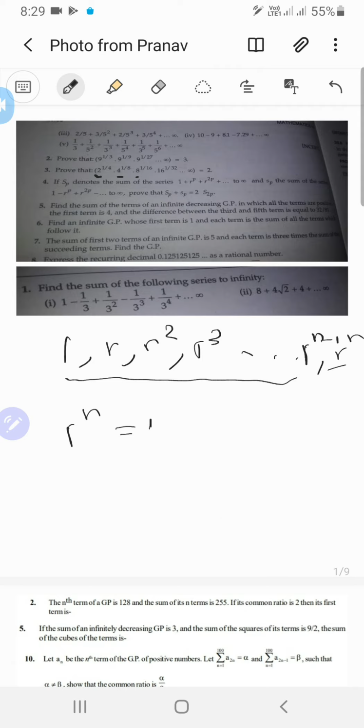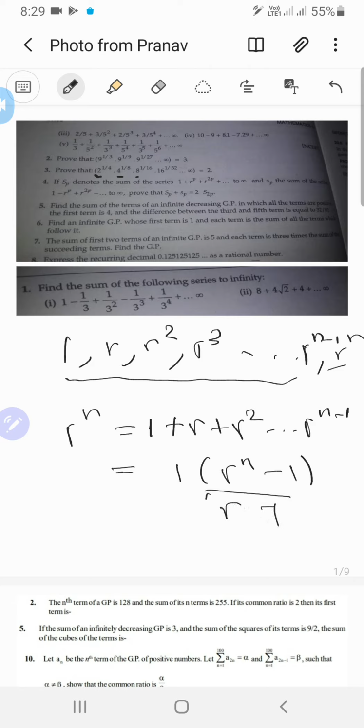Okay, it's just 1 plus r squared all the way till r to the n minus 1. That's just going to be 1 into r to the n minus 1 upon r minus 1. Okay, that looks simple. So from this we will get r to the n plus 1 minus r to the n is equal to r to the n minus 1.